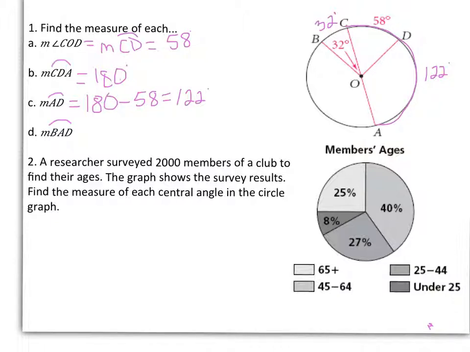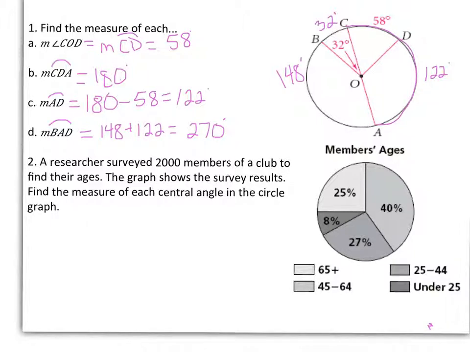Arc CBA is a semicircle, so that means that arc BA must be 148 degrees, because it has to add up to 180 with arc BC. So to find the measure of arc BAD, we will take 148 plus 122. Get that the arc is 270 degrees.